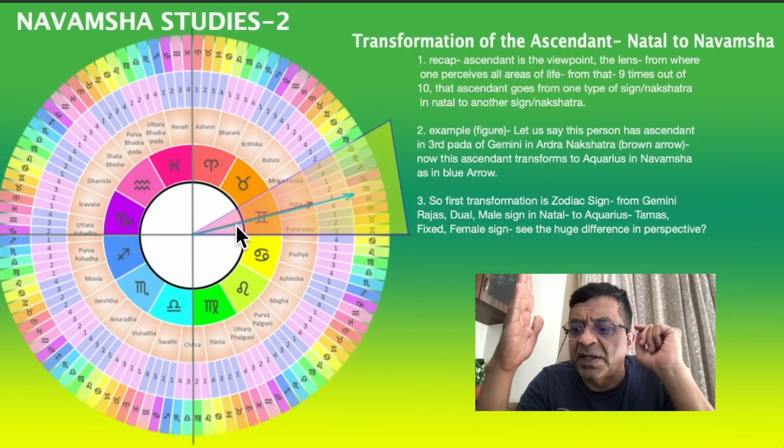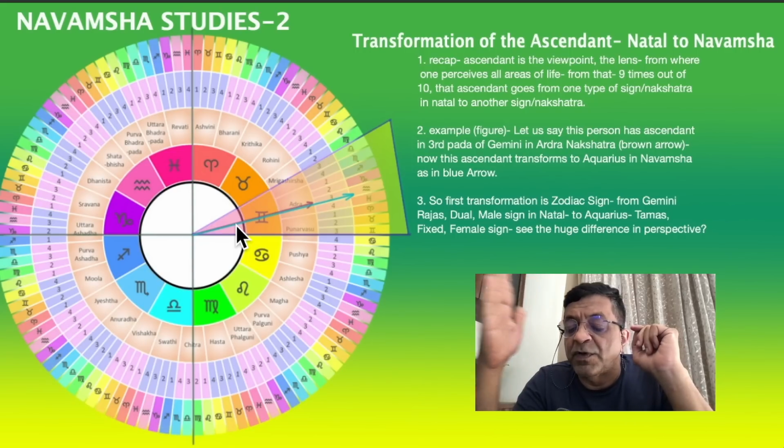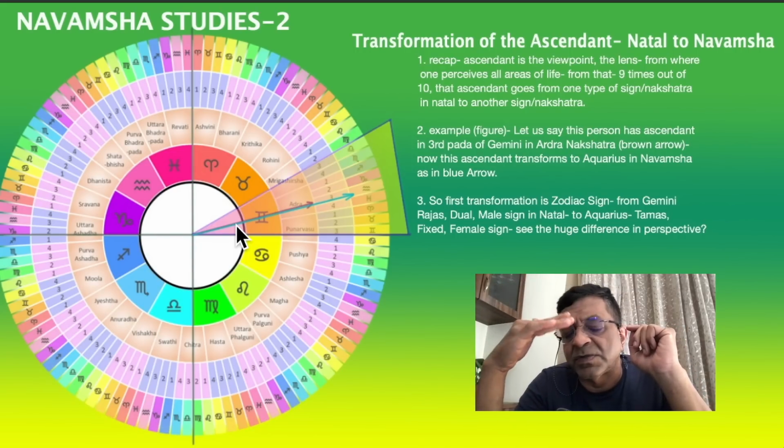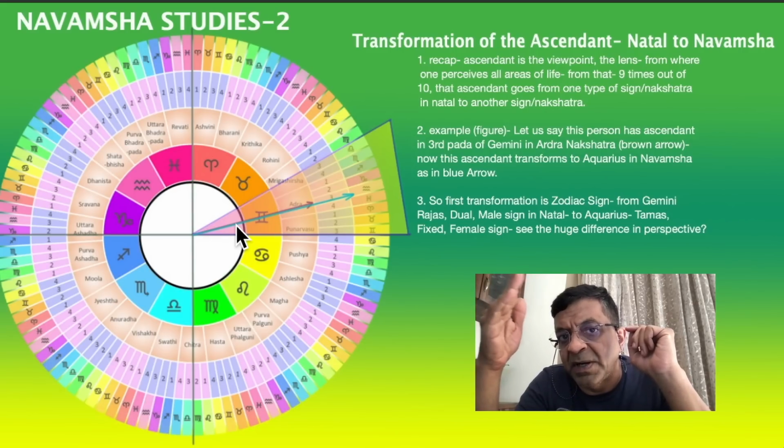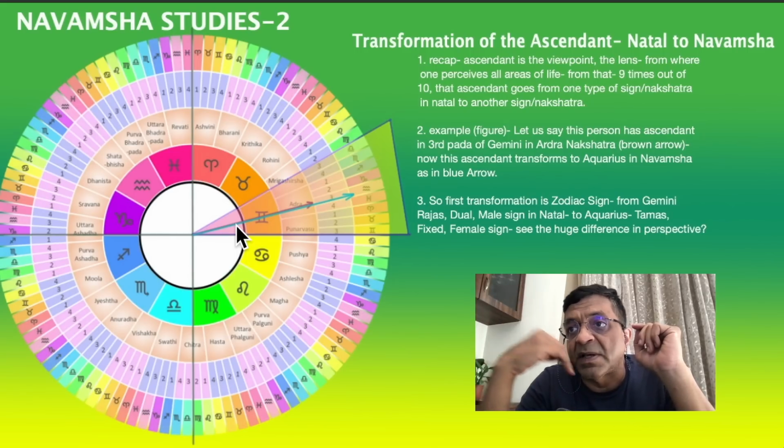Aquarius is a fixed sign. It wants to do everything for the masses. It wants to think 11th house. Aquarius is the 11th house, so think in 11th house terms. This is as simple as extending that particular argument towards Aquarius. And it's a female sign.